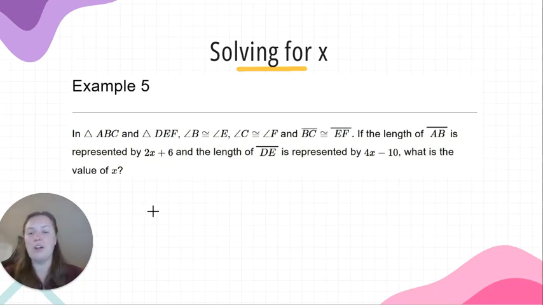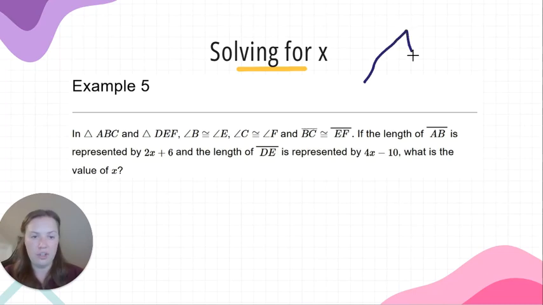Okay, and so for this one, we have triangle ABC and DEF, and they give us that angle B and angle E are congruent, angle C and angle F are congruent, line segment BC is congruent to line segment EF, and then they give us some length representations. Now, I don't know about you, I can't really picture what's happening. So the first thing that I do if a picture is not provided is I draw a picture.